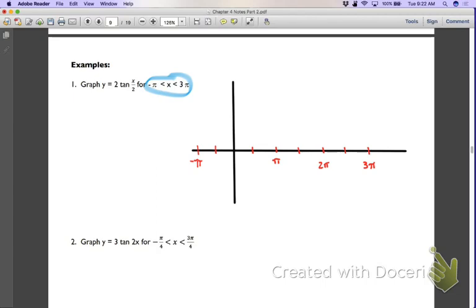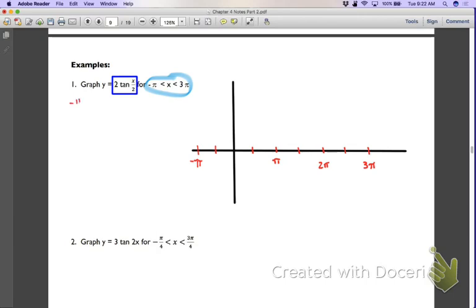So once you figure out your window, then it just becomes, hopefully, fairly simple. I'm going to take everything that's on the back side of my tangent value. So I have y is equal to 2 times tangent of x over 2. So I'm going to have two problems.